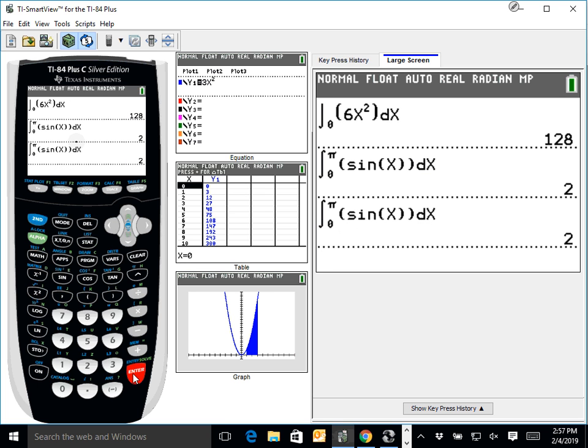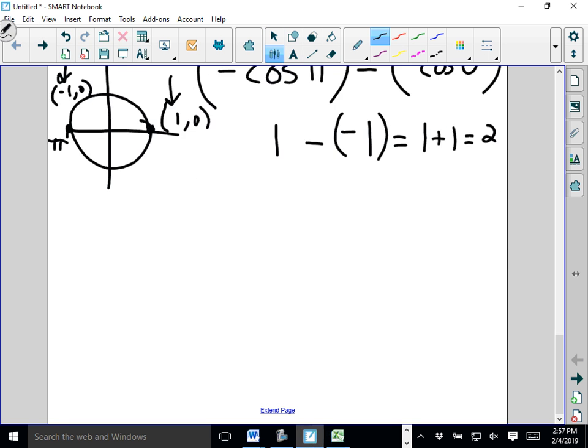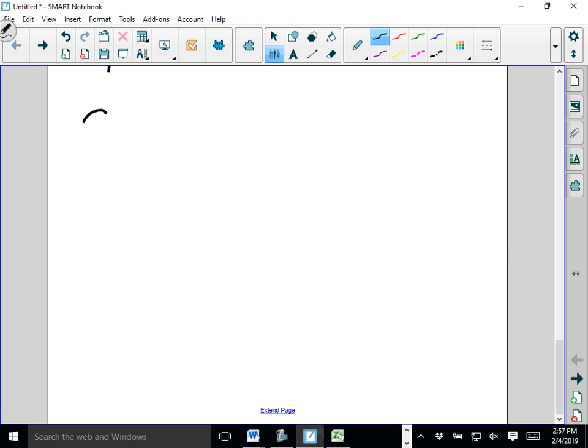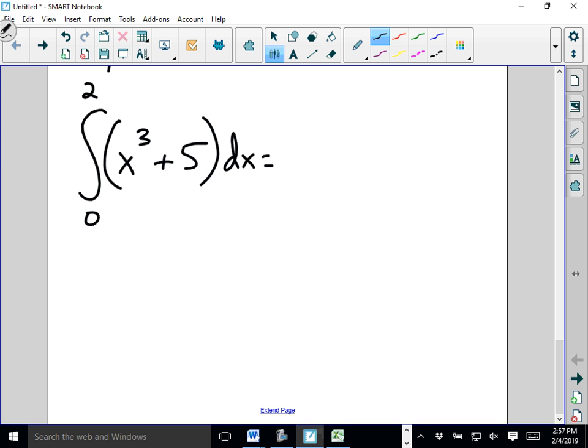Let me try one more with the binomial, just so we're kind of used to it. Okay, so I'm gonna do the definite integral from 0 to 2 of x cubed plus 5 dx.